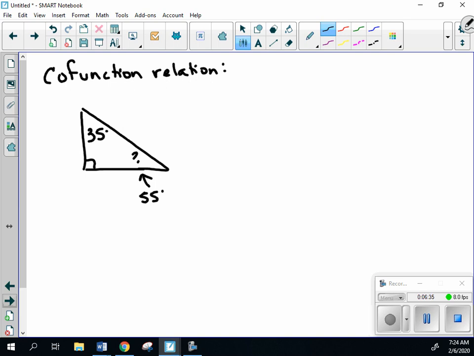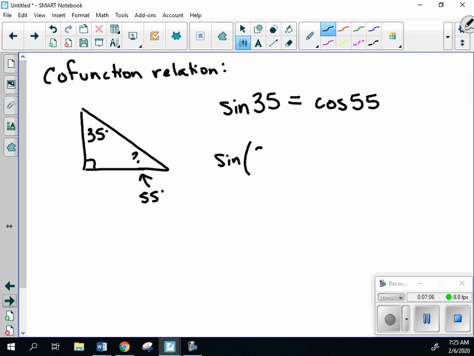That relationship, the 35 and 55, have to add up to 90. So because of that, the sine of 35 equals the cosine of 55. That's the relationship: the sine of your angle is going to match up to the cosine of the other angle that is complementary to it.